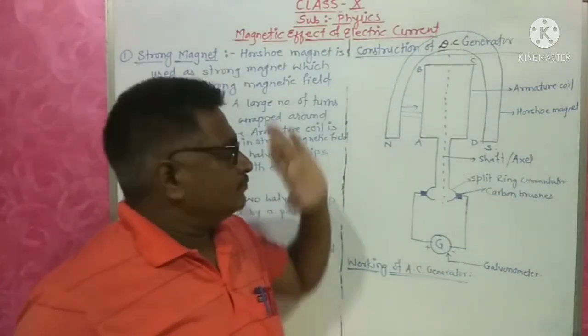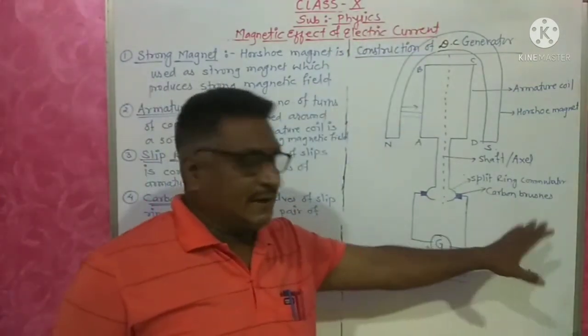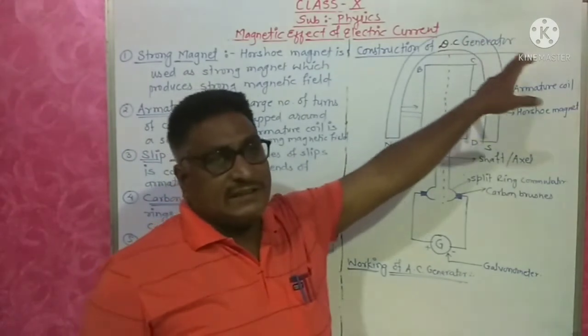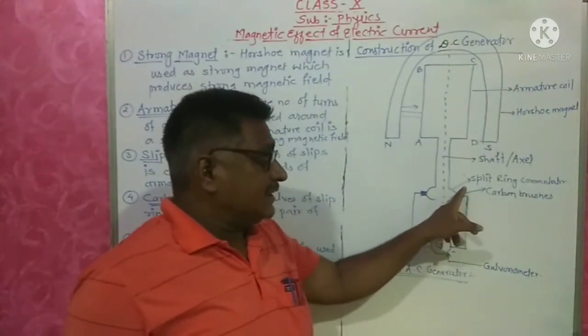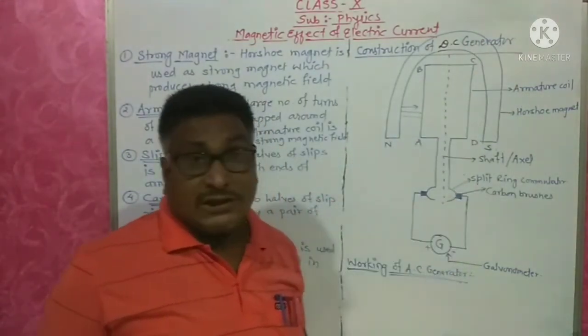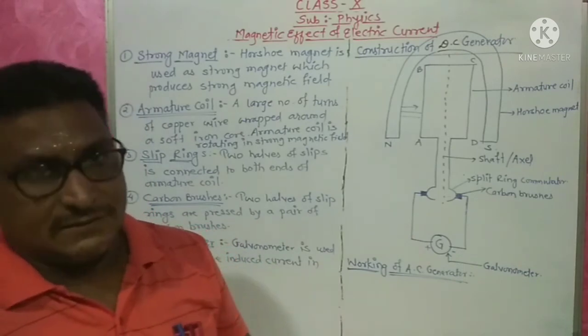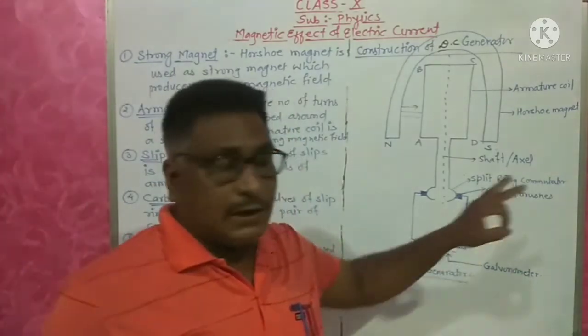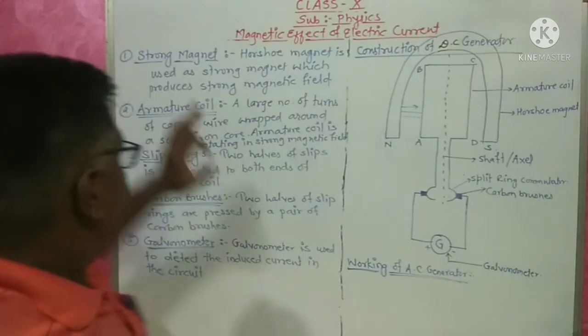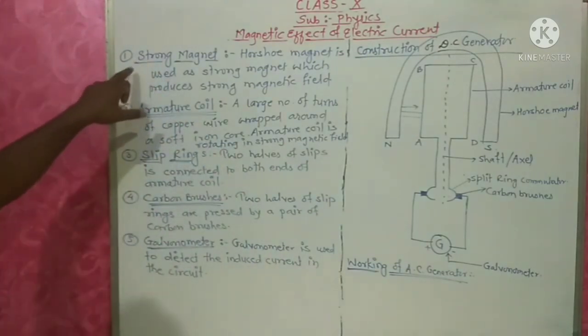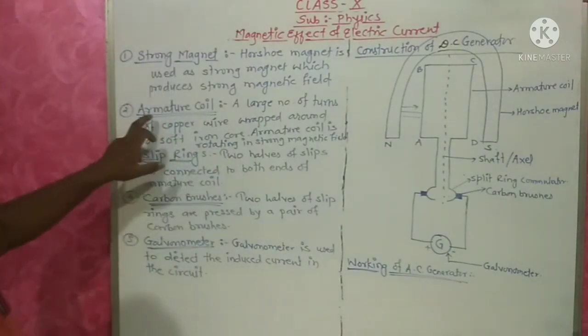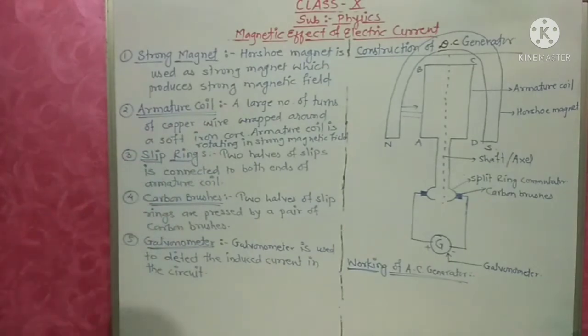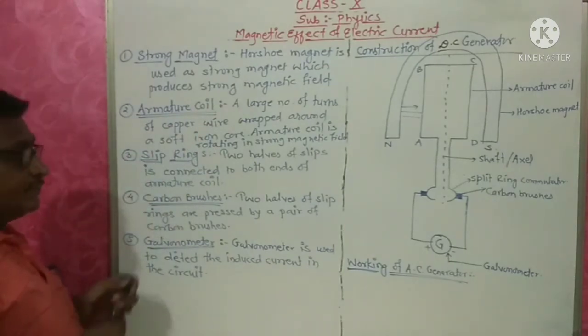So by connecting in this way, what will we get? DC generator. In place of slip rings, what has to be used? Split rings, split ring commutator. The construction will be the same. Strong magnet, armature coil. Here, what will come?